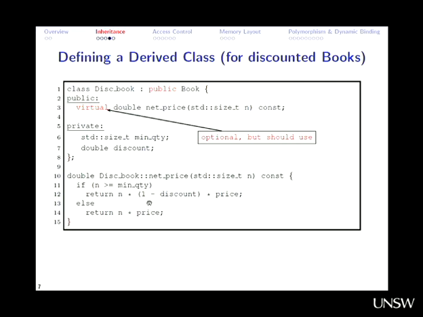This overridden net price function says if n is greater or equal to some minimum quantity, so we might give a discount if people buy a whole lot of stuff in bulk, then return whatever the discount is. The discount might be a certain percentage, say 20%, so 0.2. 1 minus 0.2 is 0.8, so n times price times 0.8, so we give a 20% discount.